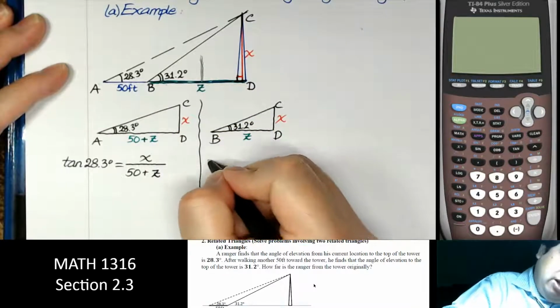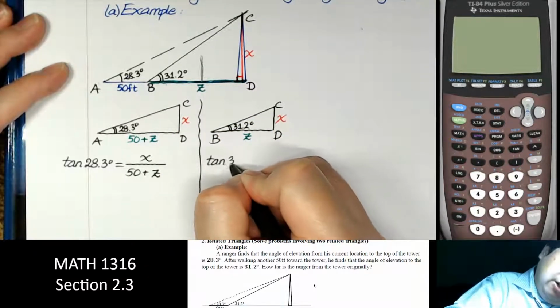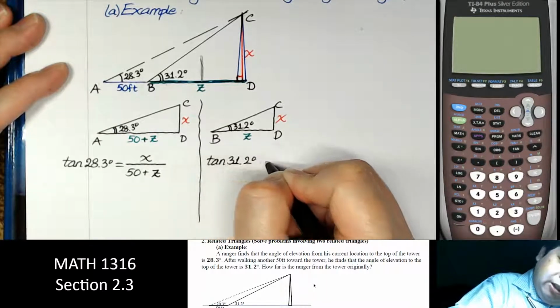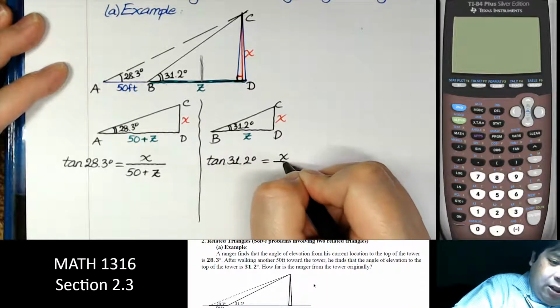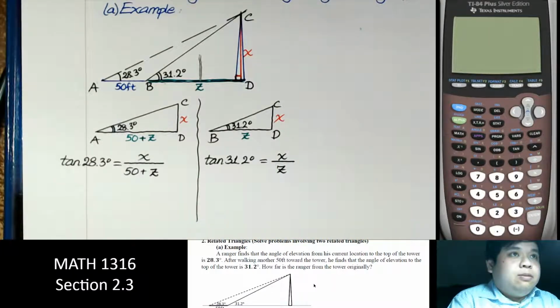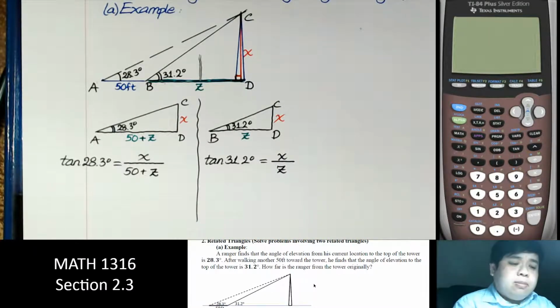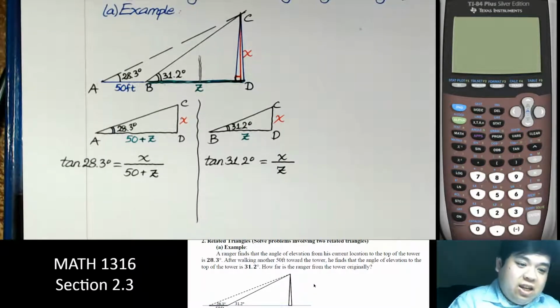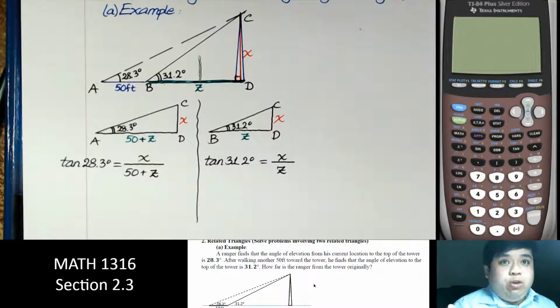And with respect to this angle, tangent of 31.2 degrees, opposite over adjacent. Right? Now, of course, still two variables, x and z, and two equations. So that's actually fair game. Two variables, two equations. So that's good.